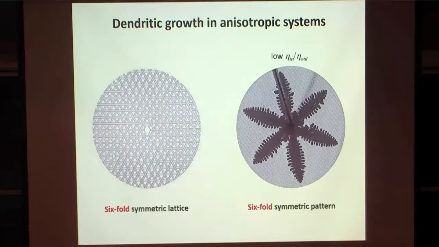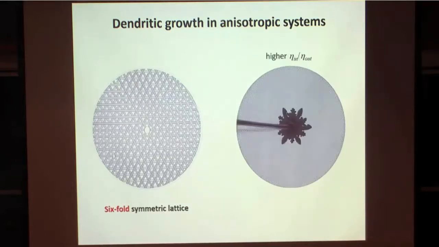And so I mentioned before the importance of the viscosity ratio as a control parameter, and this still is a very important parameter, and it's important in a somewhat interesting way. So you see, I impose here a six-fold symmetry, and I get a six-fold symmetric pattern, which makes a lot of sense. But now I still take a six-fold symmetric lattice.